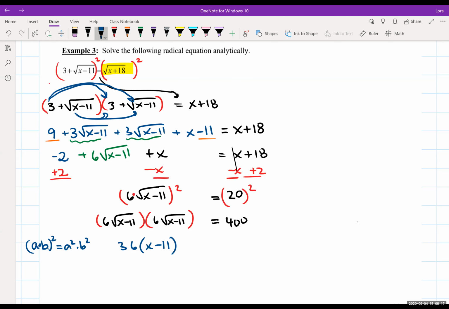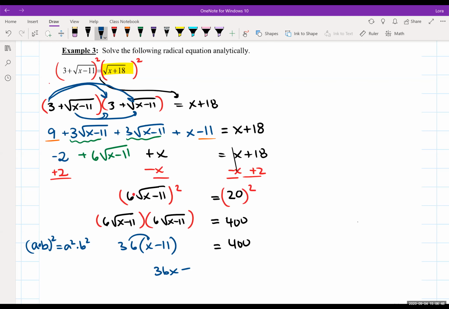I'm reaching for a calculator because I'm sensing some numbers are going to get a little larger. If not, at least I have it by my side. So now what I'd like to do is simplify the left-hand side. 36 times x minus 11, we get 36x minus 36 times 11.